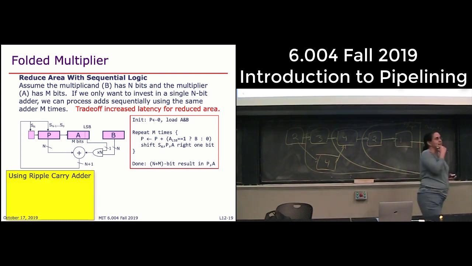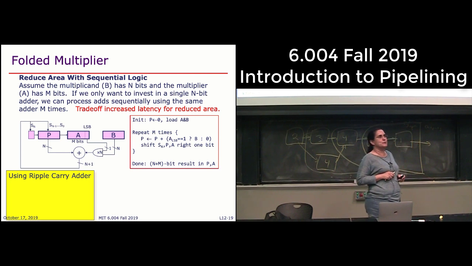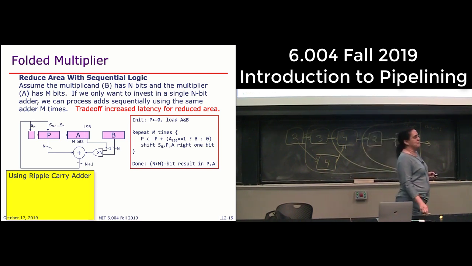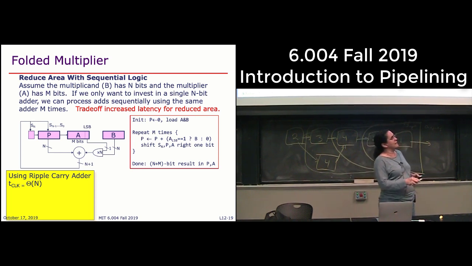So let's just quickly analyze the performance of this. And so now here we have 2 cases to consider. How I go ahead and implement this adder is going to affect the behavior of this folded multiplier. So if my adder is a ripple carry adder, then essentially the T clock at which I can run this sequential circuit is still of order n.